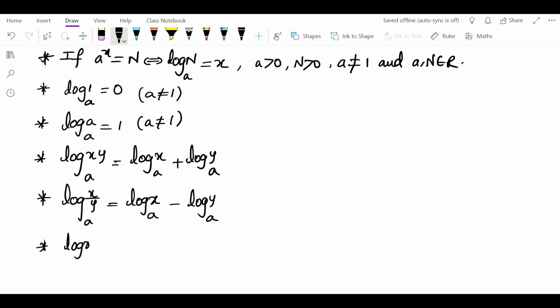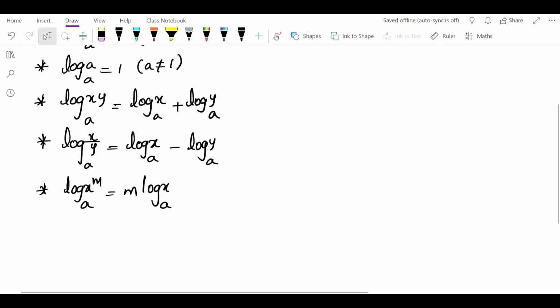Log x to the power of m base a is equal to m log x base a. Log x base a to the power of m is equal to 1 by m log x base a.